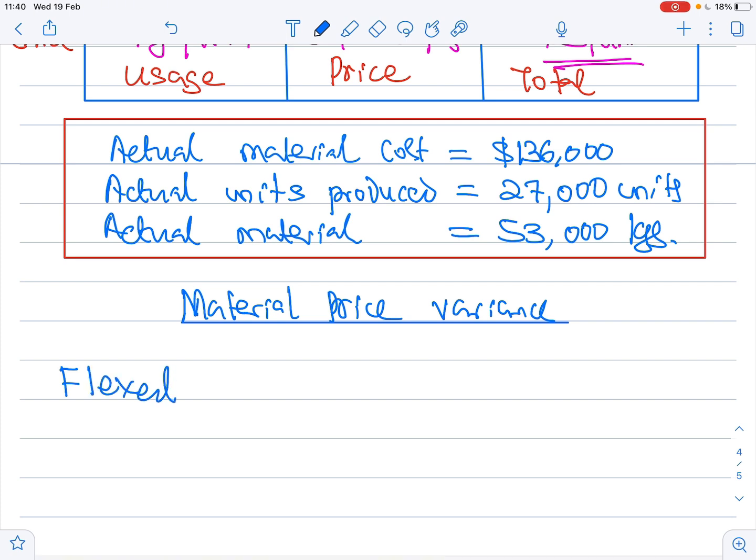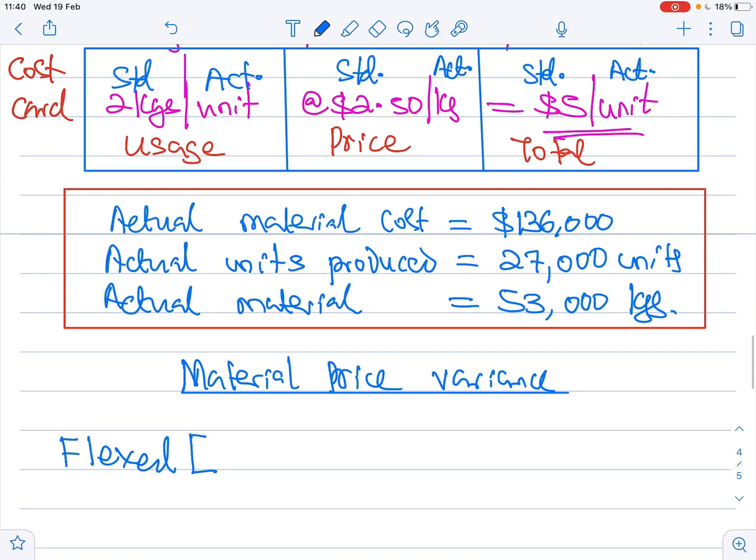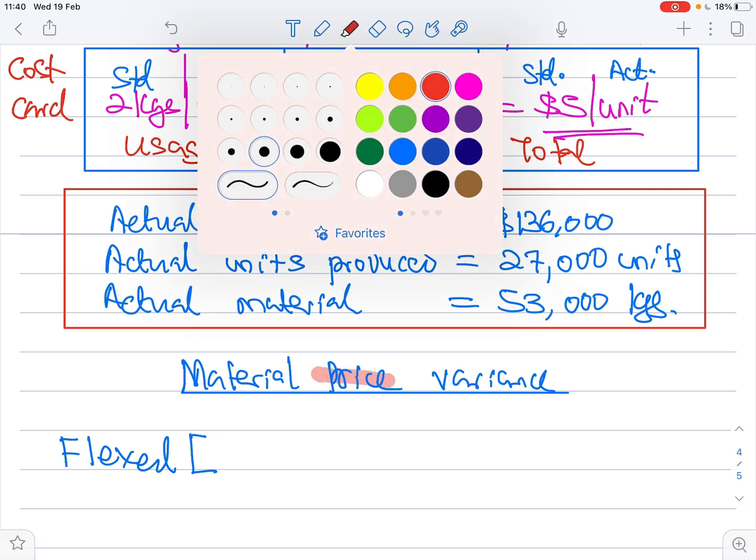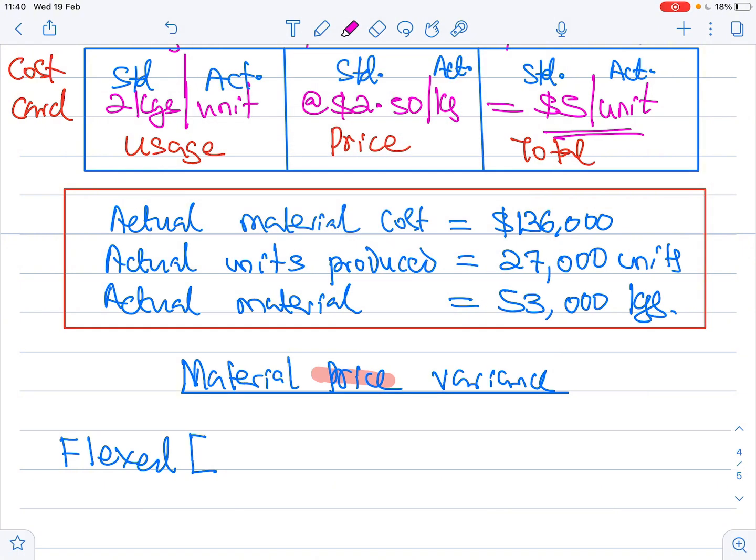What is flexed? Flexed is just talking about the standard actual. Open a bracket like this. Since it is price that we are looking at first, you need to come to the box of price in our standard information, or cost card.